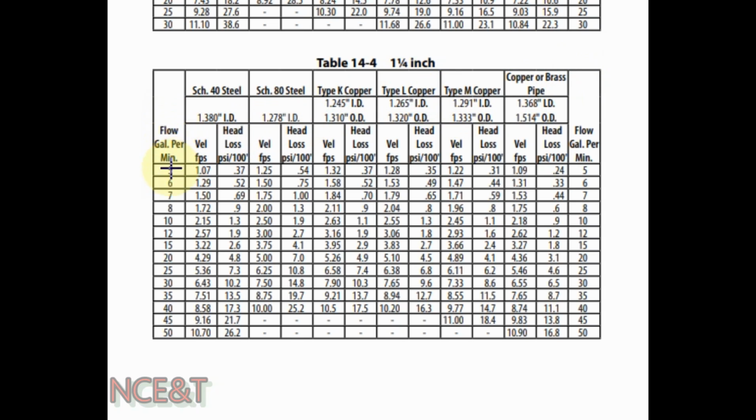The first column is for the GPM, and there are other columns as per the material. You can see this column is for schedule 40 steel pipe, this for schedule 80 steel pipe. We are using copper pipe type K, so this column is for us. Inside this column you also see there are two sub columns. The first column is for the velocity in feet per second, and the second column is head loss in PSI per 100 feet.